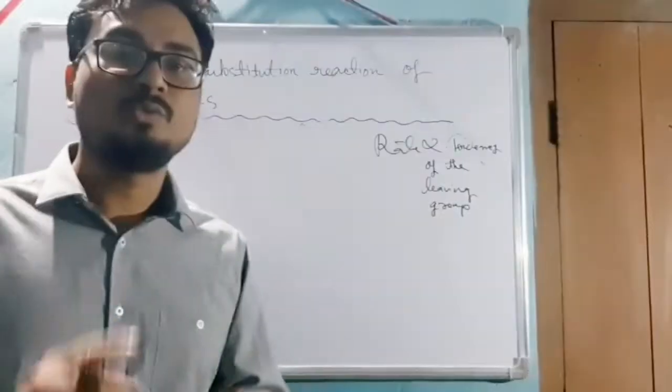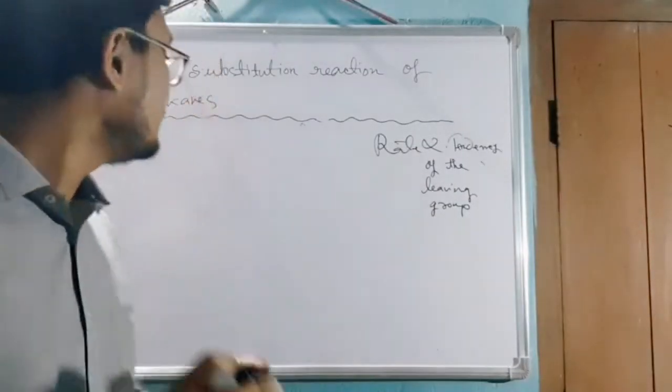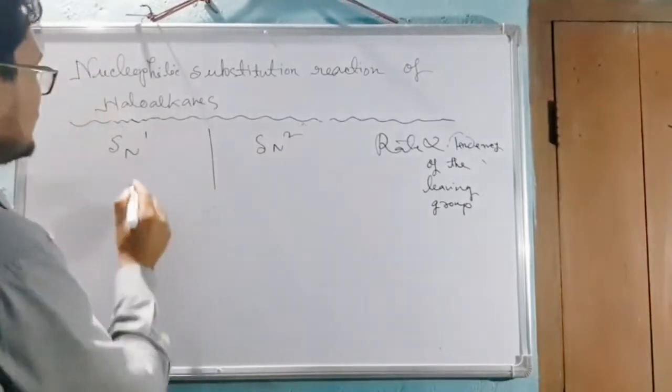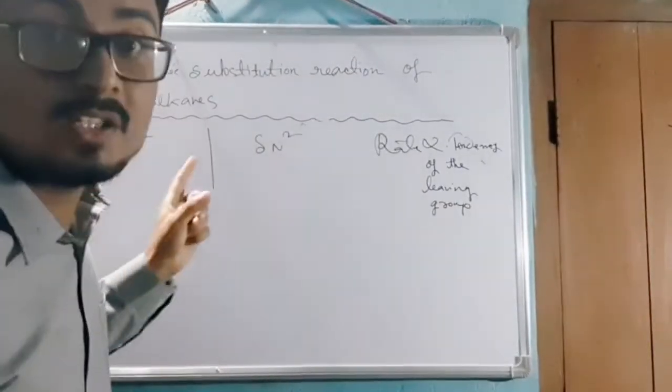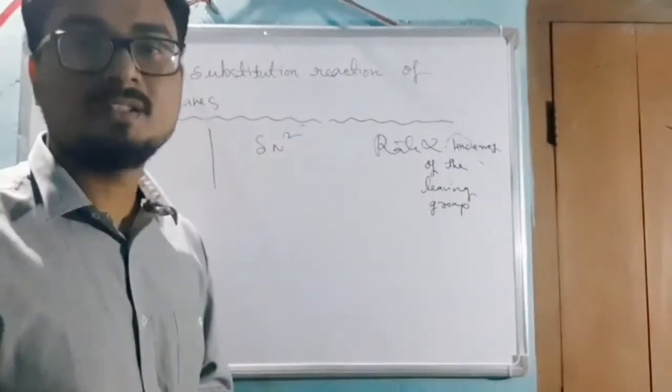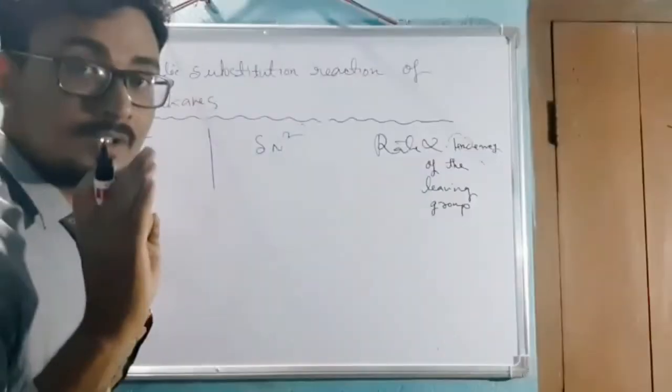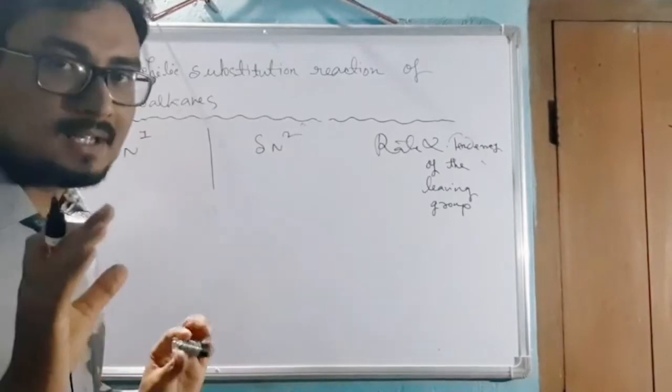Substitution reactions are of two types: SN1 and another one is SN2. This one means unimolecular, this two means bimolecular. Write the definition.